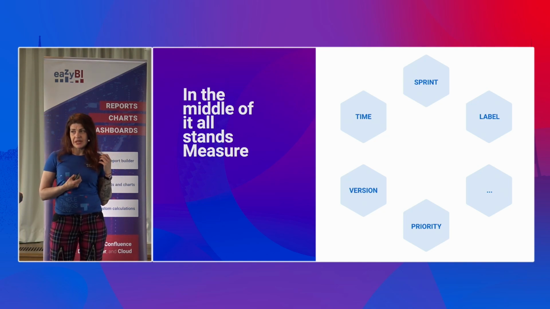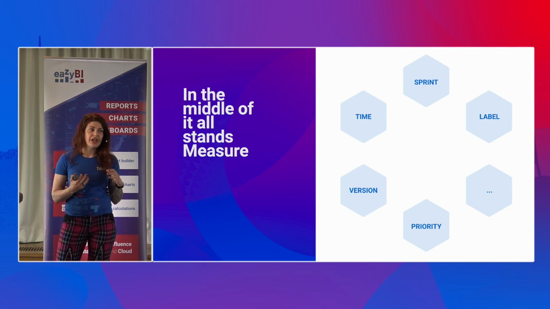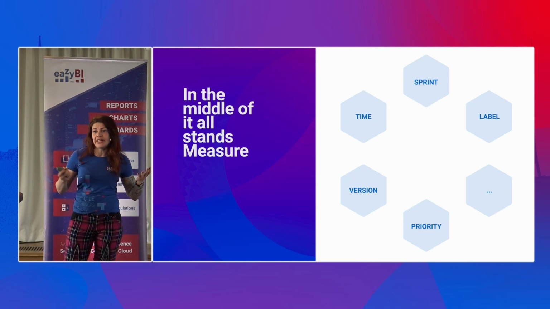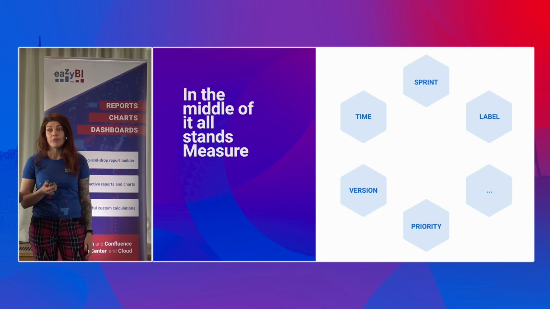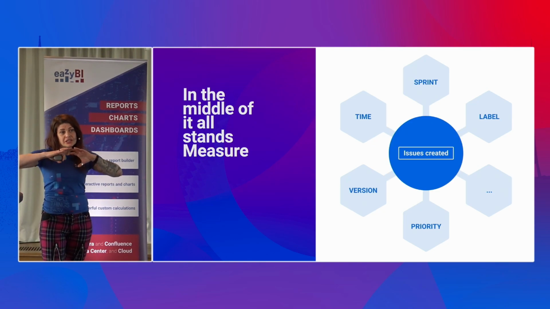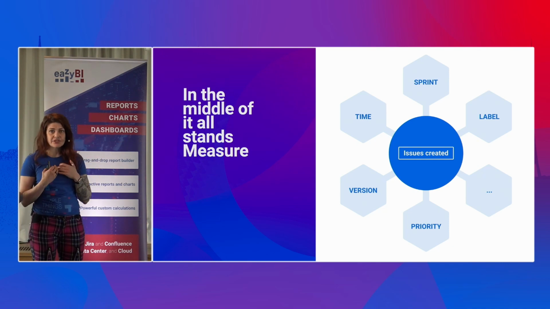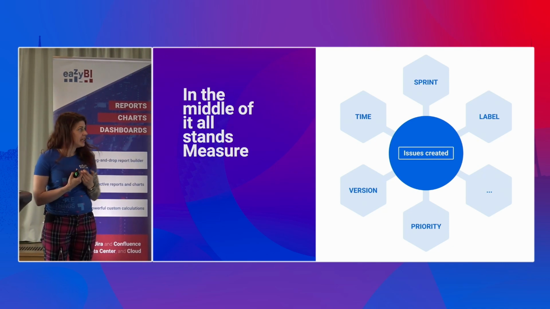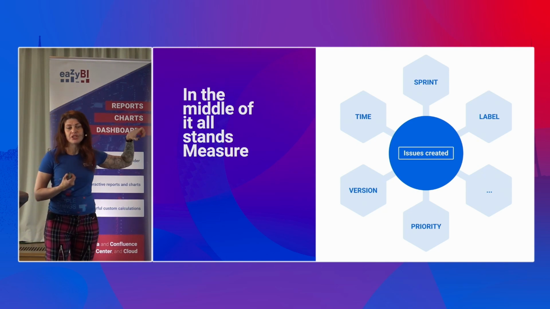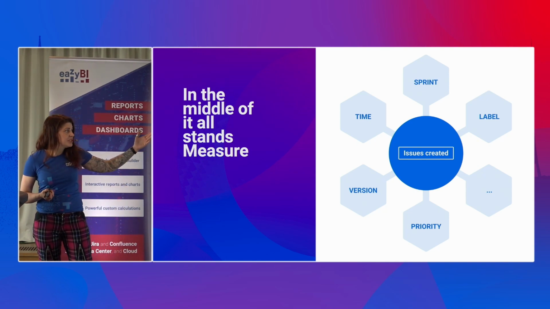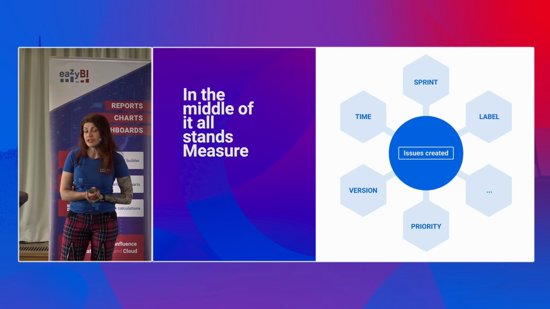Dimensions themselves in eazyBI don't have a direct connection. They are independent. They don't mean anything if there is no measure. Measure is in the middle of all relations. It has a relation to each dimension, and only through the dimension we can see how, for example, time is related to the label or to the version.